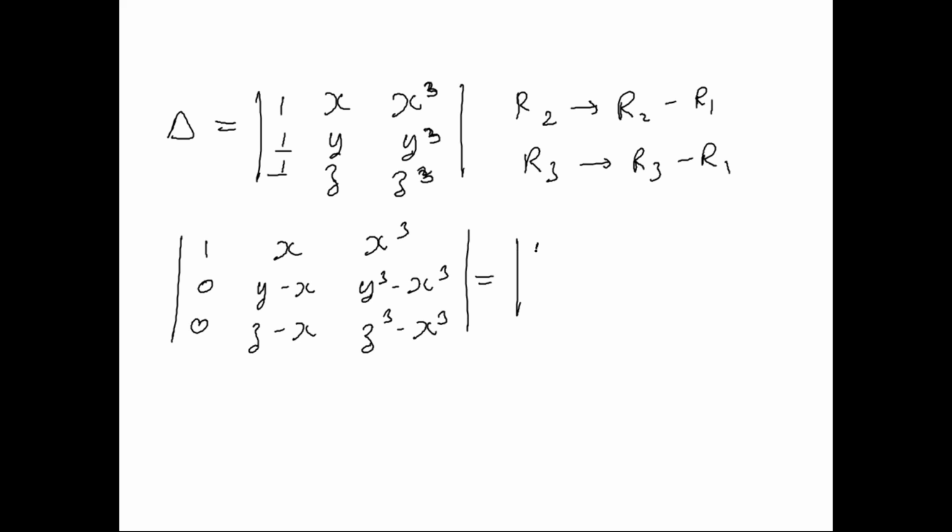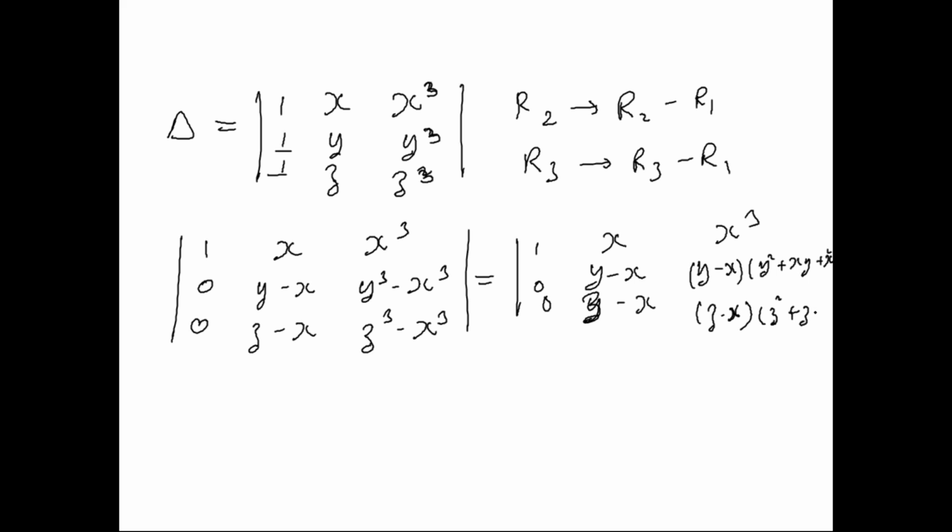Now I can apply the formula of a cube minus b cube over here. This becomes y minus x into y square plus xy plus x square, and z minus x into z square plus zx plus x square.